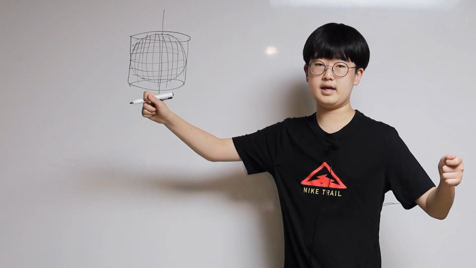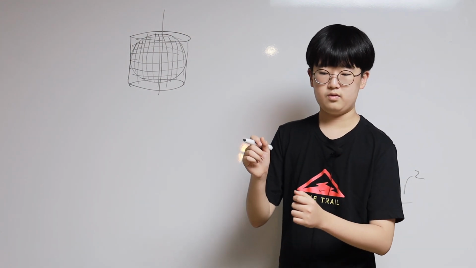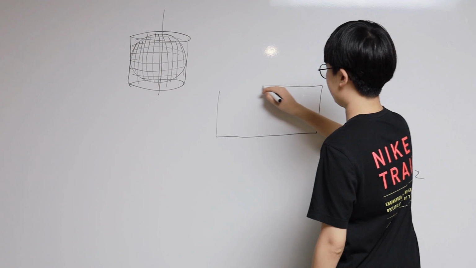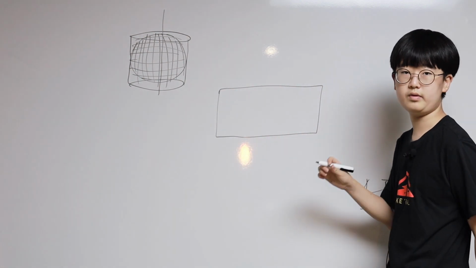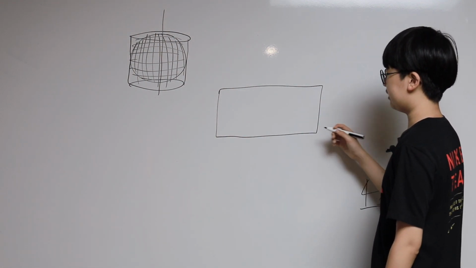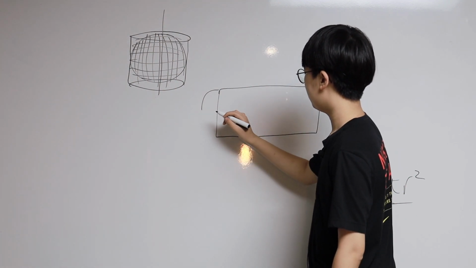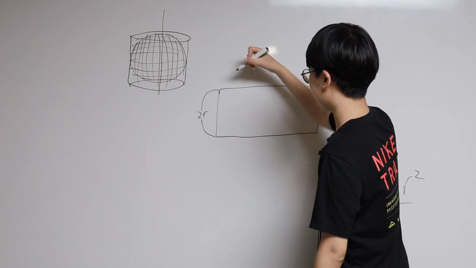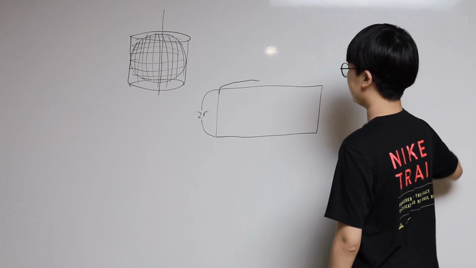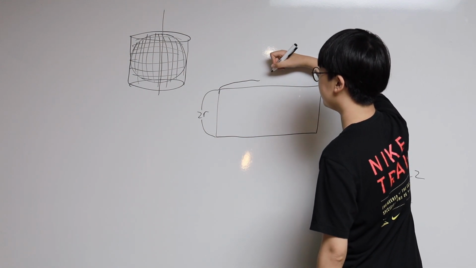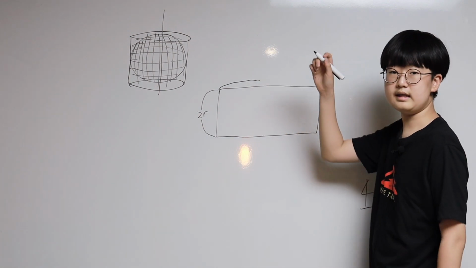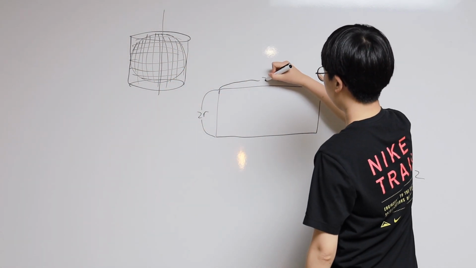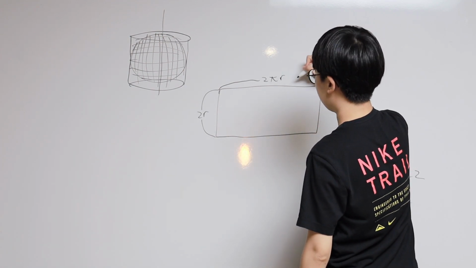If we cut the label and open it, we would get a big rectangle, and the height would be 2r, because it's the height of the sphere, and the side part of it would be L, the circumference, because it's wrapping around the sphere, so it should be 2 pi r, not squared.